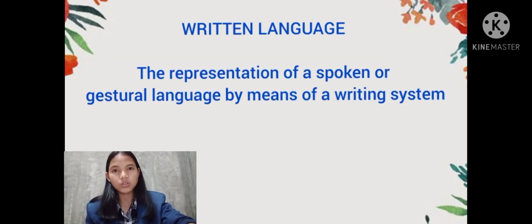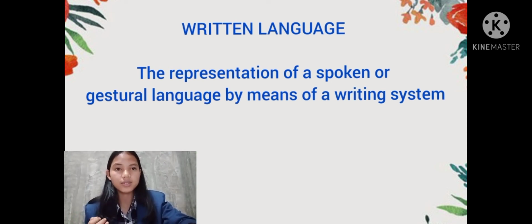Now we're talking about the written language. A written language is the representation of a spoken or gestural language by means of a writing system. Written language is a way of recording language using any of various instruments or materials, such as pen, paper, chisel, stone, and computers.